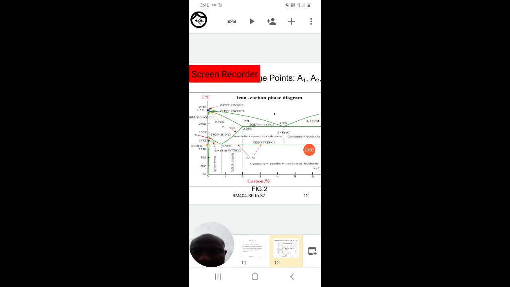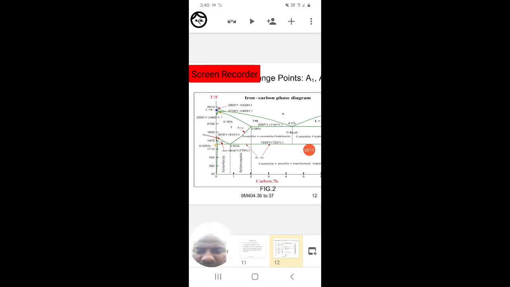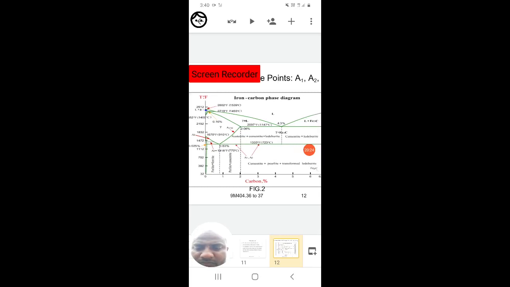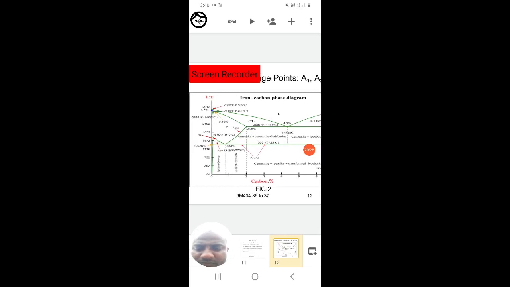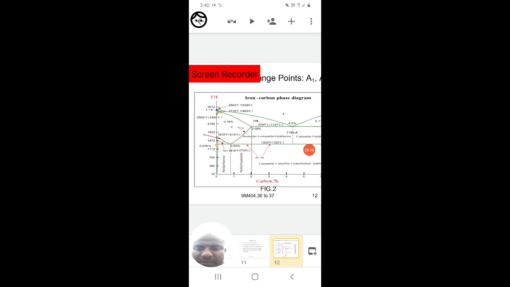Where is the A1? This is A2, this is A3. This is ACM: A2, A3, ACM.